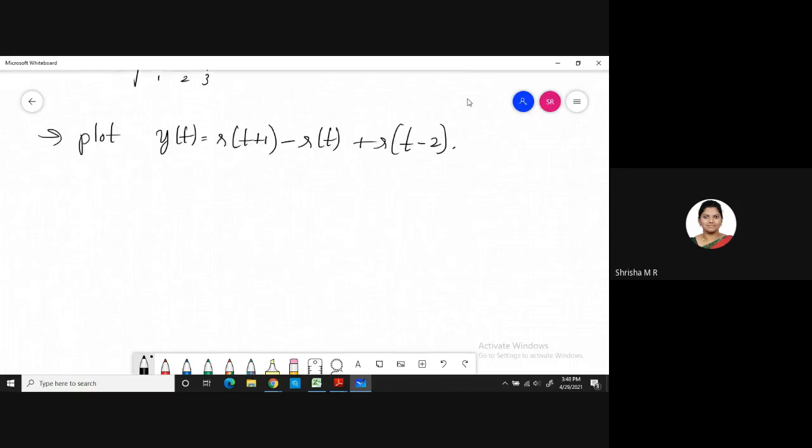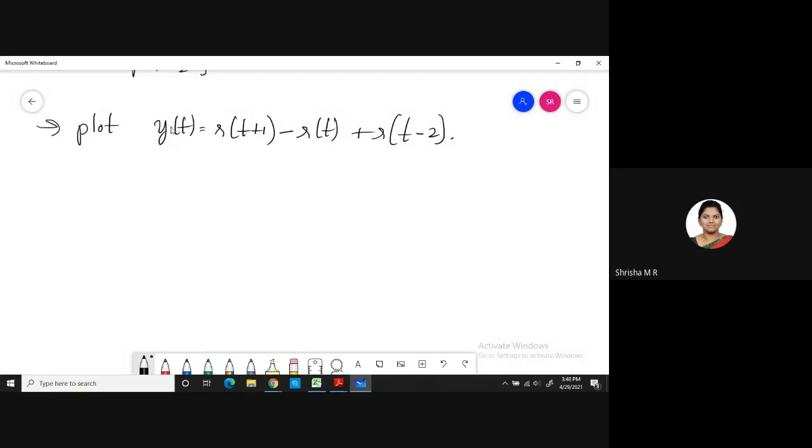So we are given to plot y of t which is r of t plus 1 minus r of t plus r of t minus 2. What type of signal is this? R of t? Ramp, ma'am. R of t is a ramp signal. Okay. So what is the definition for a ramp signal?